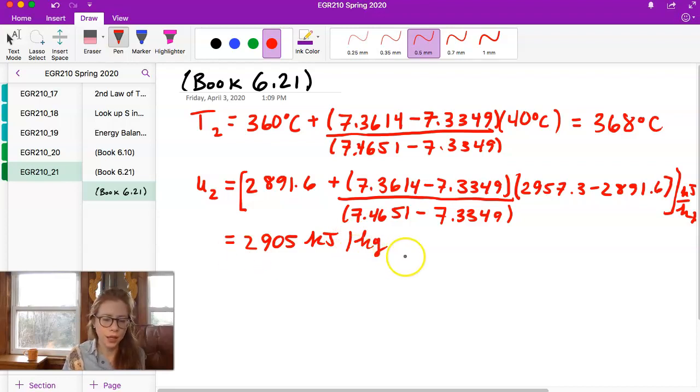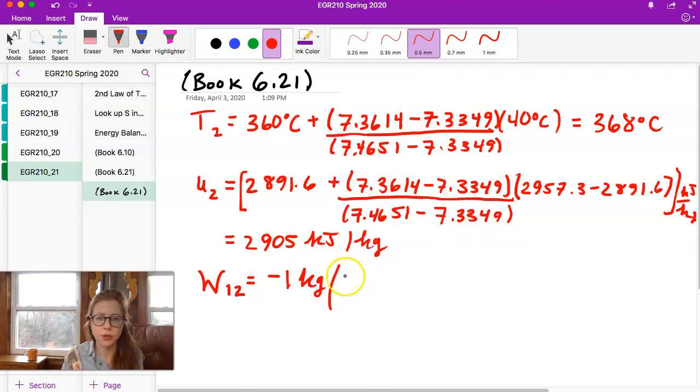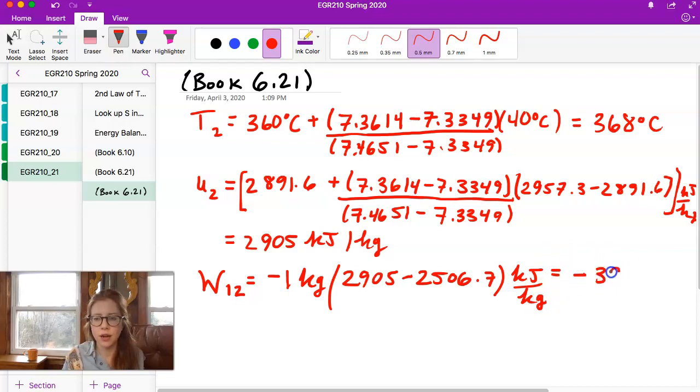And so then we can go through and calculate work for our first process, which is going to be equal to minus M times U2 minus U1, which is going to be minus 1 kilogram times 2905 minus 2506.7 kilojoules per kilogram, which is going to give us minus 398.3 kilojoules of work done on the system.